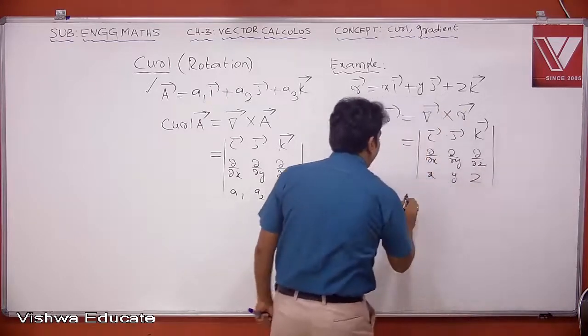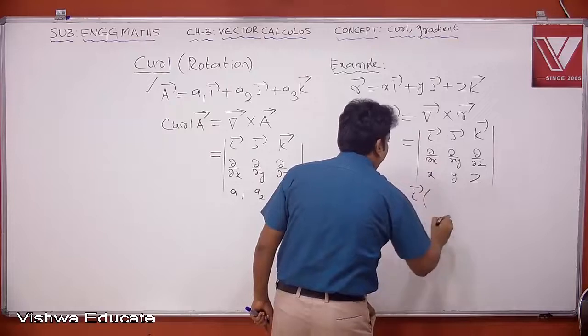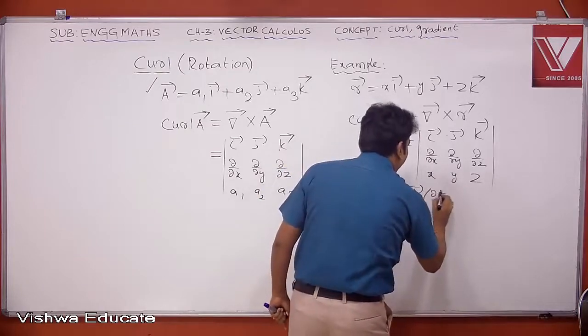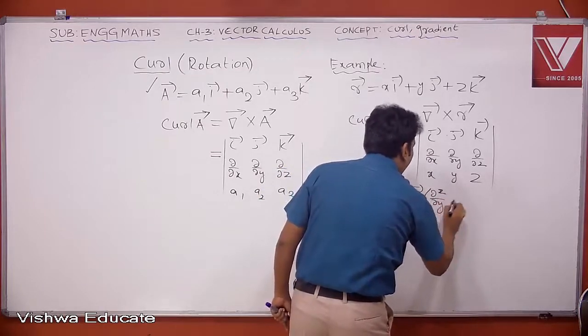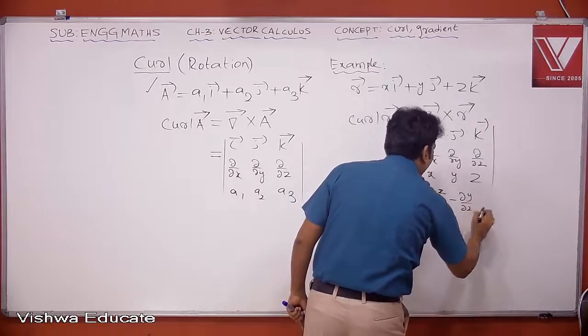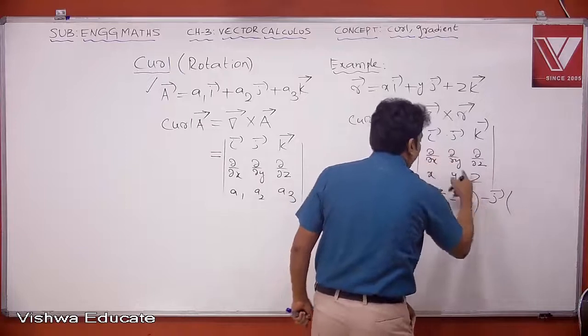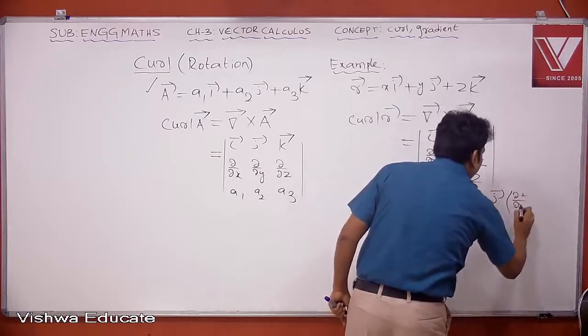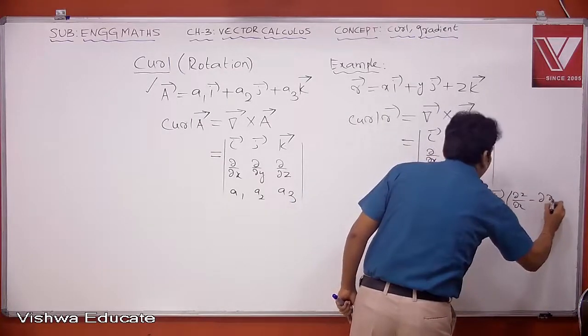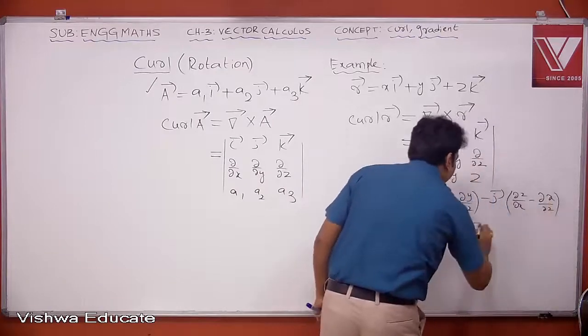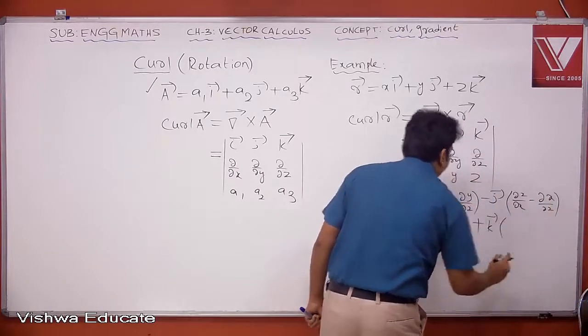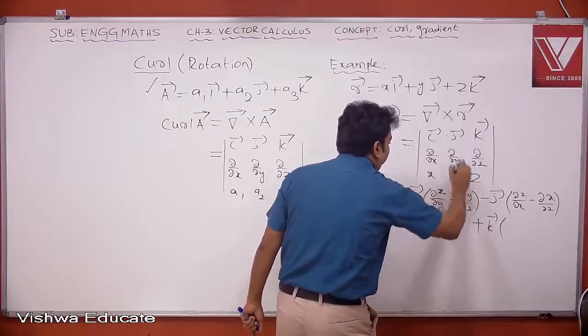Now let us expand this: i bar into dou z by dou y minus dou y by dou z, minus j bar into dou z by dou x minus dou x by dou z, plus k bar times the determinant of this block.